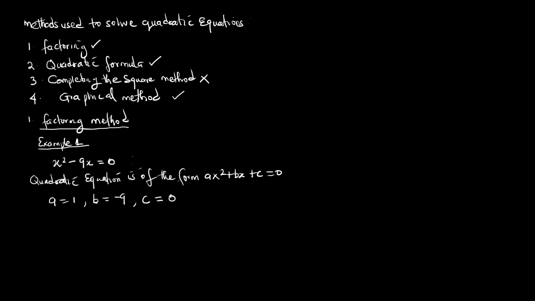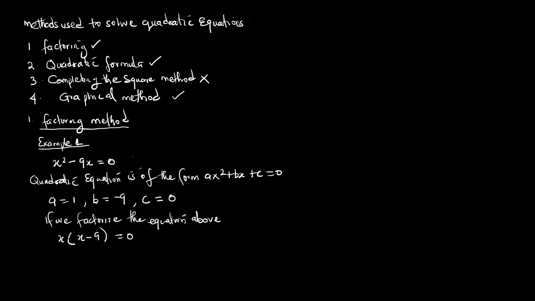So if you look at that, we can do something. Let's find the factors of that equation, right? So if we factorize the equation above, you would see that the factors we can get are x into x minus 9, equal to 0.